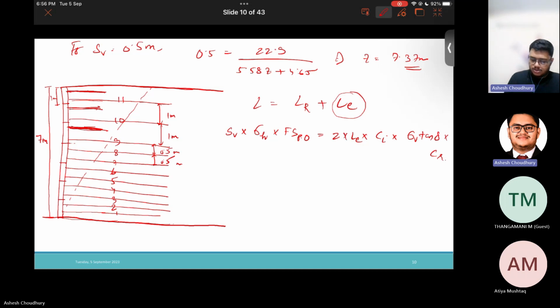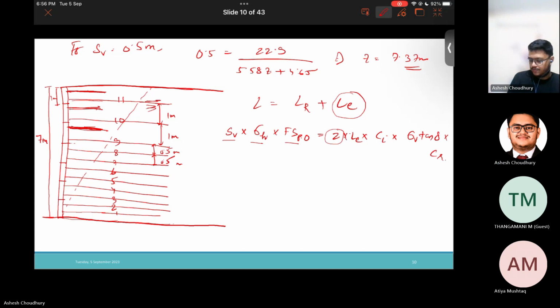So sigma h, spacing, into the factor of safety of pull out, that is the load coming on the reinforcement. That load should be balanced by the shear resistance that develops at the top and bottom of each reinforcement line.